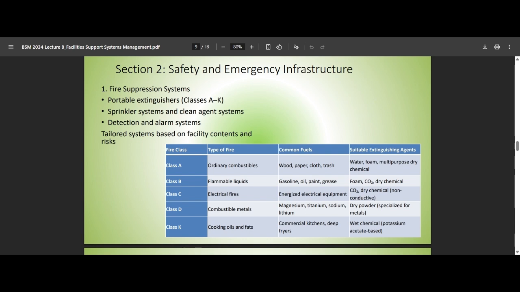must be tailored according to the facility contents. What kind of goods are we storing? What kind of goods are we handling?